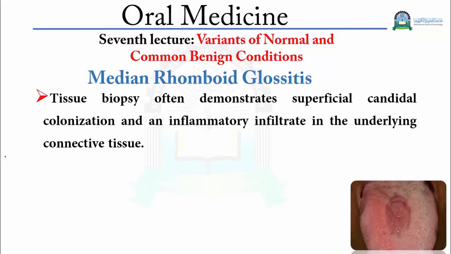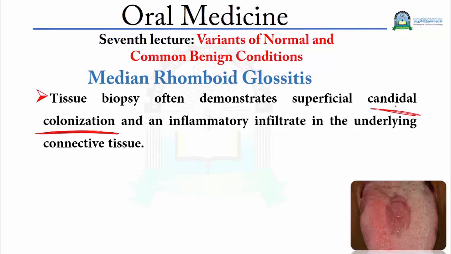In median rhomboid glossitis cases we can use a tissue biopsy, which will demonstrate superficial candidal colonization. Research has reported the presence of candidal infection at the site of median rhomboid glossitis, and textbooks report that the main etiology is candidal infection.